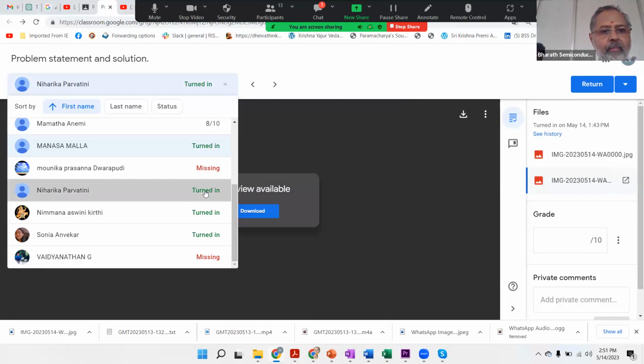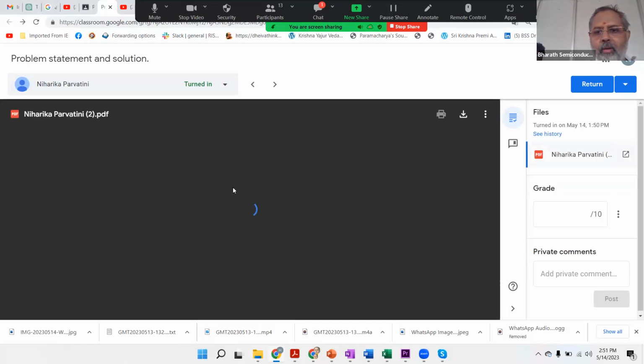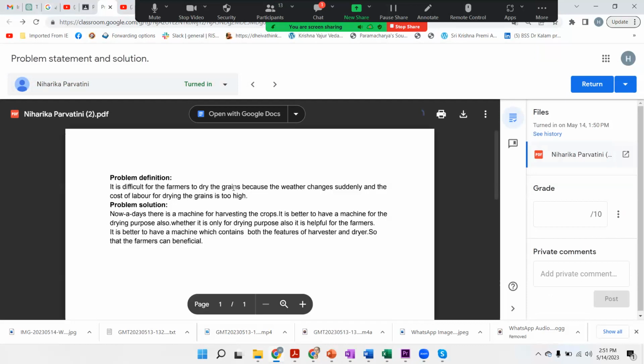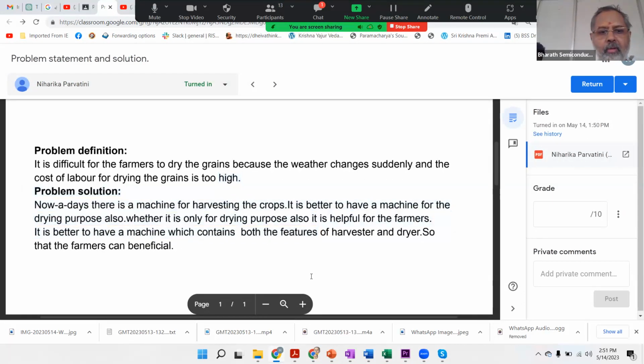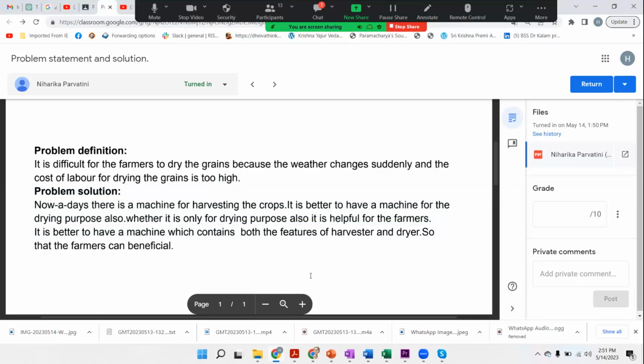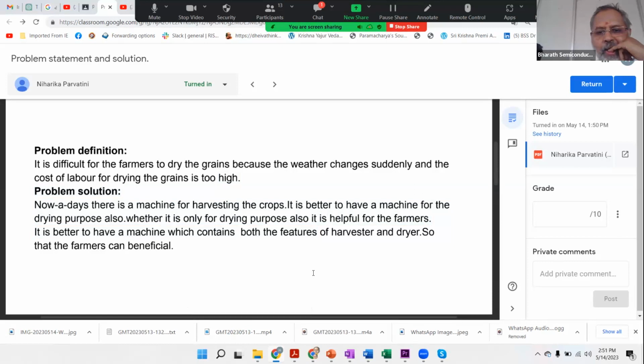Niharika. Yes, sir, I'm getting your slide. Go ahead. Nowadays, the weather changes from time to time. It is very difficult for the farmers to dry their grains. And the cost for the labor workers to dry the grains is too high.